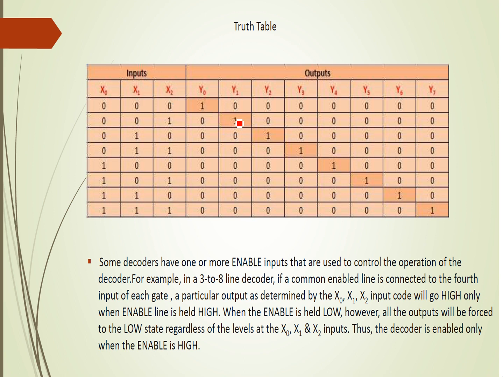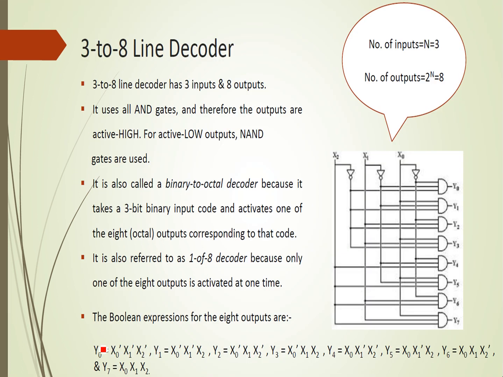And for y1, x0 bar, x1 bar, x2. And for y2, x0 bar, x1, x2 bar, and so on. So this is how you can write the Boolean expression for all the 8 outputs. So same thing I have written it here, and for this you have to draw the logic diagram by using the AND gates.